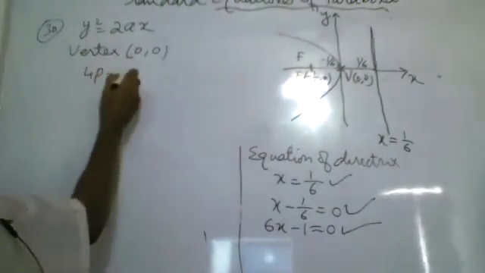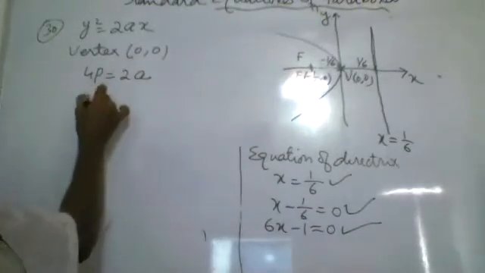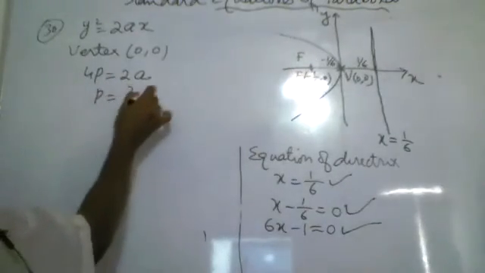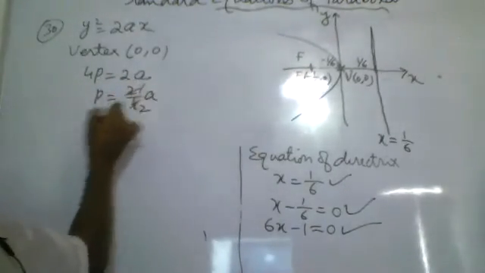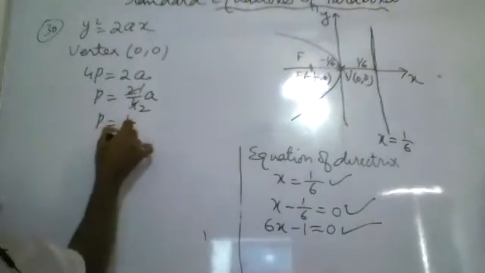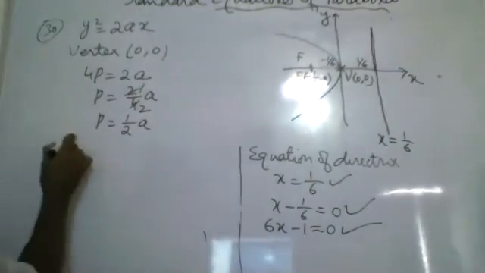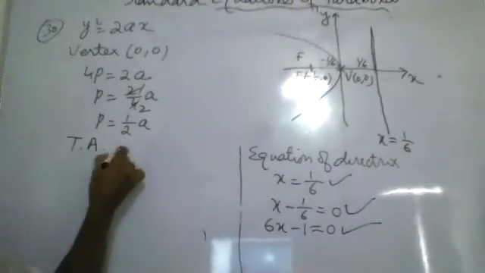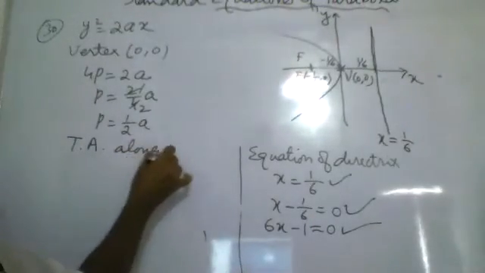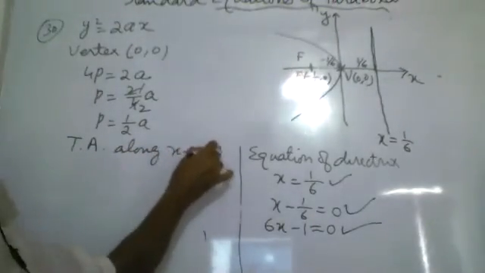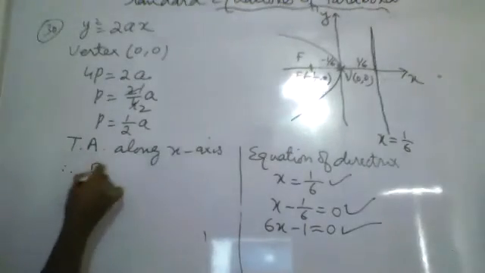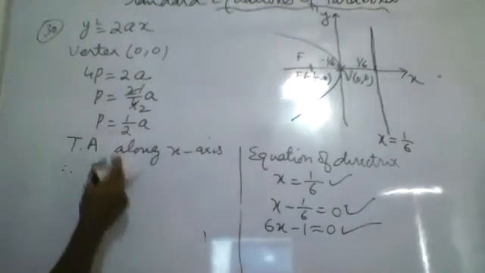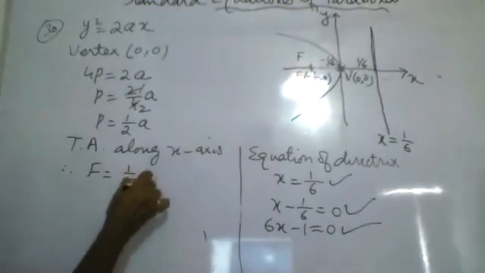4p is equal to 2a, so p will be equal to 2a upon 4, so 1 upon 2a. The transverse axis is along the x-axis, therefore focus will be equal to 1 upon 2a, comma 0.